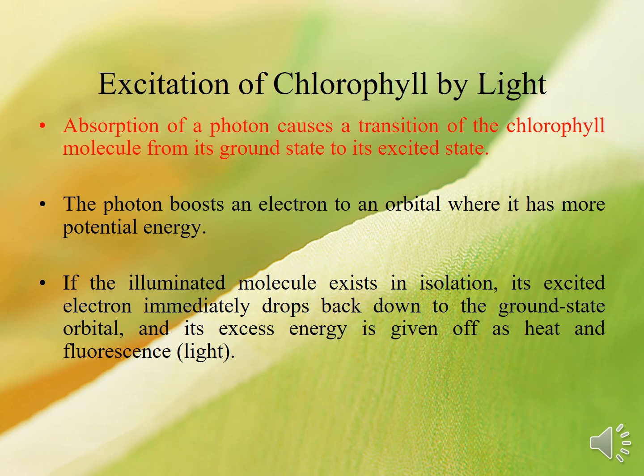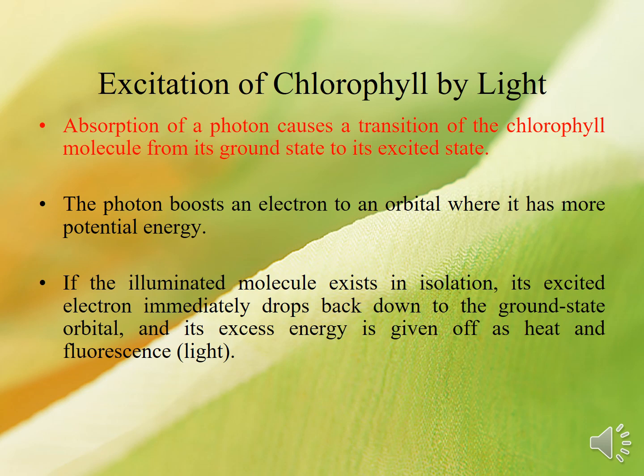Now we look at still similar things, but here is the explanation. When the chlorophyll absorbs photon energy from the light, the chlorophyll molecule is excited from its ground state to its excited state, as I mentioned before.